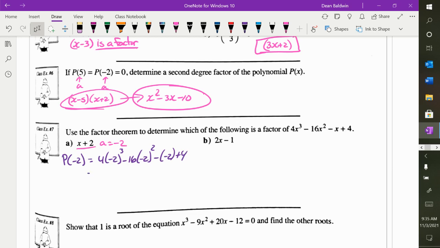Just watch your signs. So that's negative 8, 4. Negative 90. So is it a factor? No. Nope.